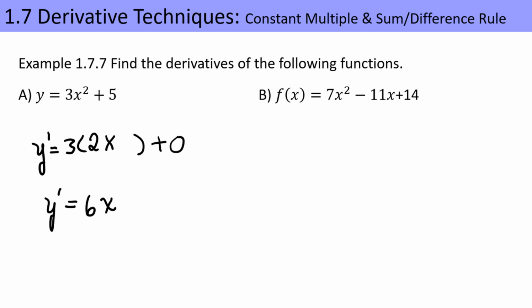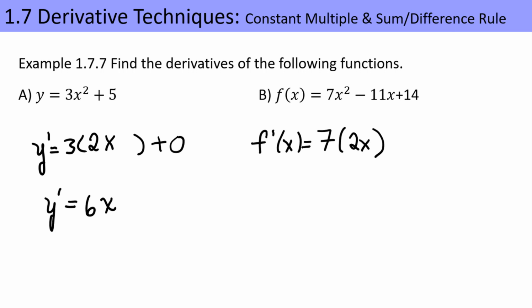Let's proceed to part B. F of x equals 7x squared minus 11x plus 14. To find the derivative, we begin by writing f prime of x equals, then using the constant times the derivative of the function rule, we have 7 times the derivative of x squared, which is 2x.